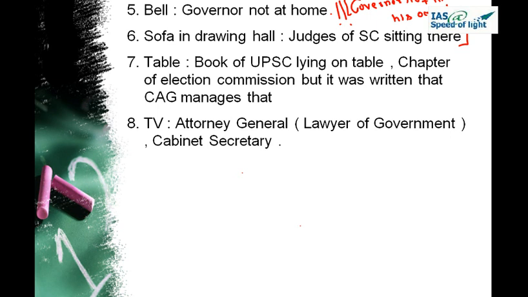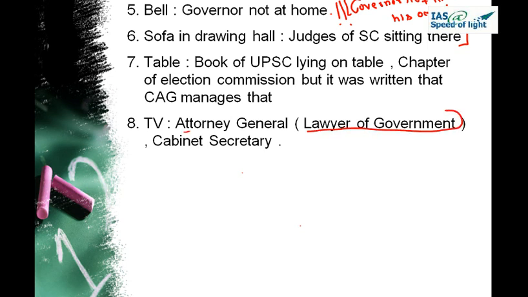Another thing you have in the drawing room is the TV. Normally you have a television also in the drawing hall. So in the drawing hall we saw the sofa, then we saw the table, and now we are seeing the TV. With the TV, we are attaching two pieces of information. That TV was showing the news of the lawyer of the government. The government has a lawyer, which is the Attorney General.